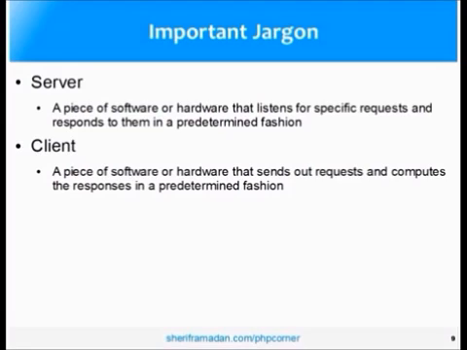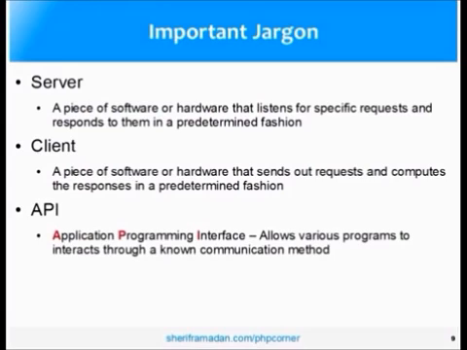The client is always sending out requests, and the server is always listening for these requests, and when the response comes back from the server, the client knows what to do with that type of response. An API is an acronym which stands for Application Programming Interface, and that's just a fancy way of saying this allows various programs of all different sorts and kinds to interact with each other through some known communication method.